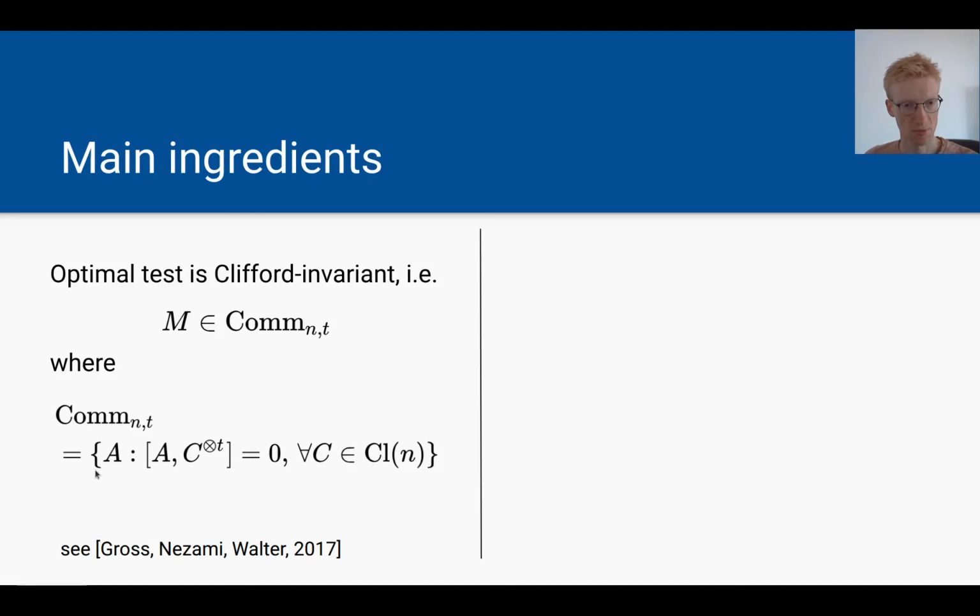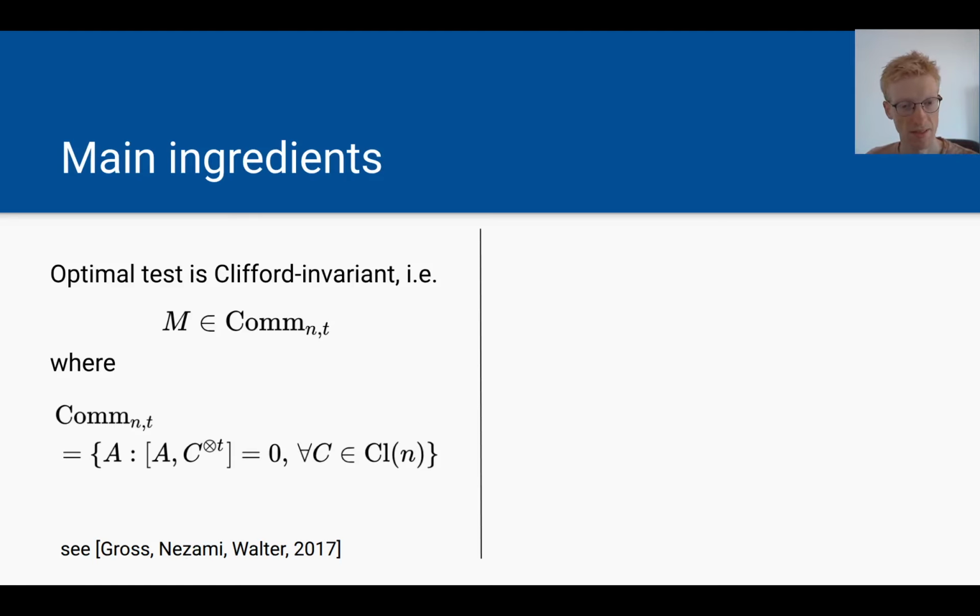And the set is formally defined as all linear operators that commute simultaneously with the tensor powers of all Clifford operators. Okay, this set is a vector space actually, and it's been studied and characterized to great extent in this paper by David Gross, Sepehr Nezami, and Michael Walter from 2017 that I already mentioned earlier.